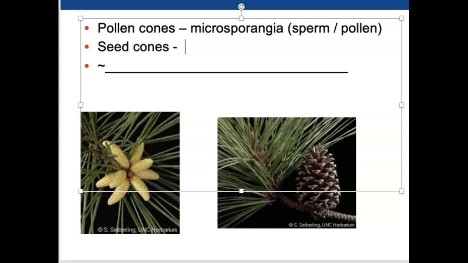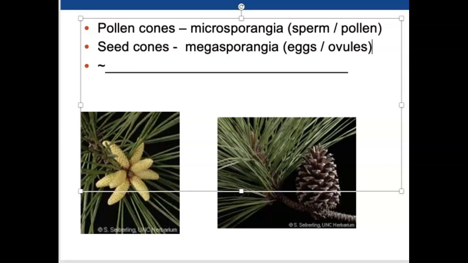There also need to be seed cones. And seed cones produce megasporangia, the eggs, ovule structures. All right, so you've got a male cone and a female cone. Think about the non-vascular plants, where we talked about antheridia and archegonia.